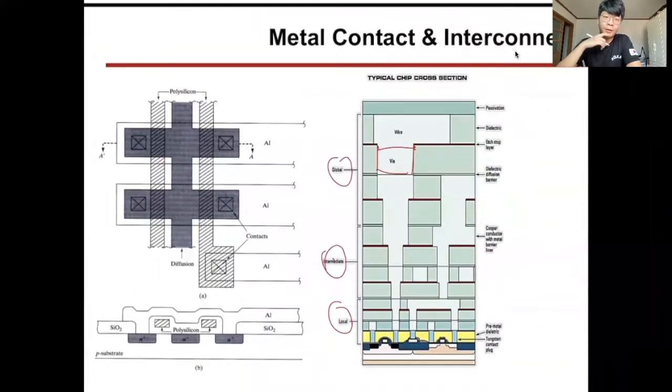We call the interconnect the contact between the same layers, like contact between transistor and transistor, or line by line, and the contact between the vertical lines we call a via.